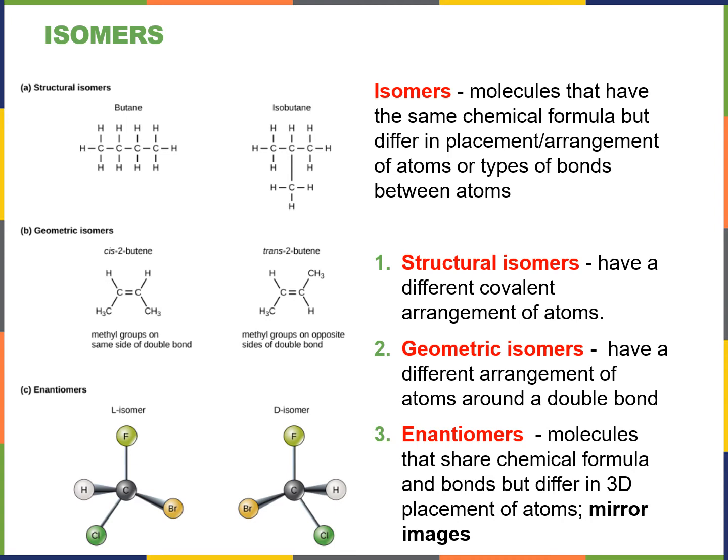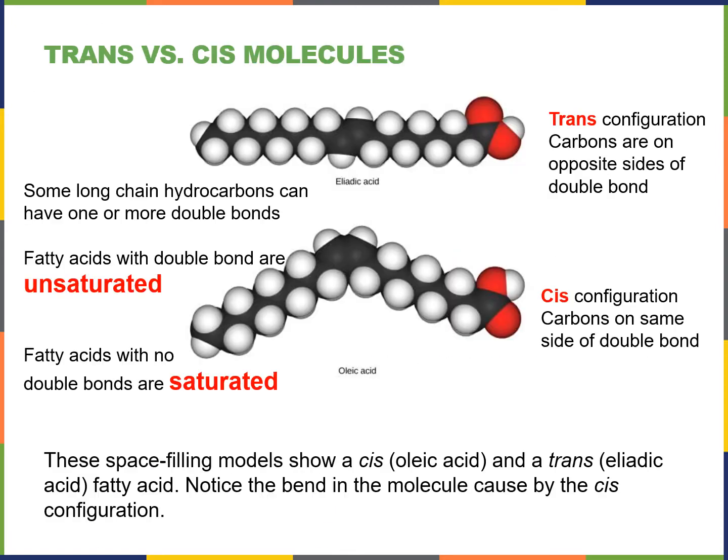CH3, CH3, both on the same side, pointing in the same direction. Or one up, one down. One above the plane, one below. Cis, trans. Or sometimes you have what is referred to as the mirror image. These are called enantiomers. Enantiomers are going to cause problems. Sorry, I skipped ahead.